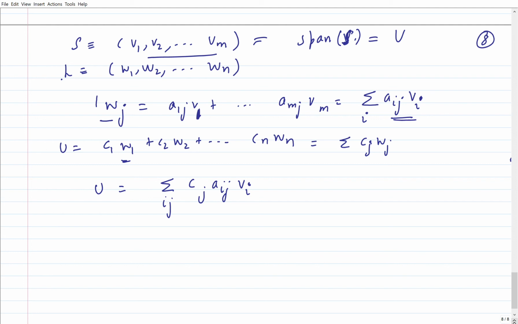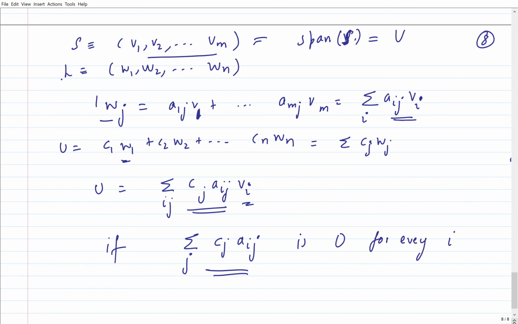What is the coefficient of each vi? It is this sum over j over here. Now if this coefficient is 0 for every i, well then u is equal to 0.